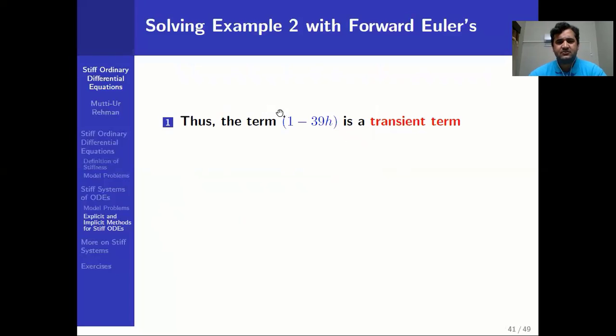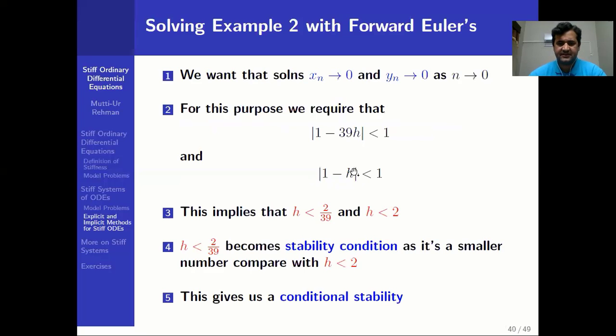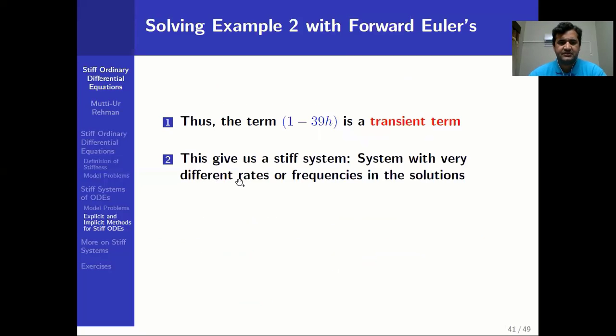Okay, this term is a transient term, because as you can see, this guy is much smaller than this guy. Okay, so this gives us a stiff system of ordinary differential equations, and the system has different rates and frequencies with the help of which its solution varies.